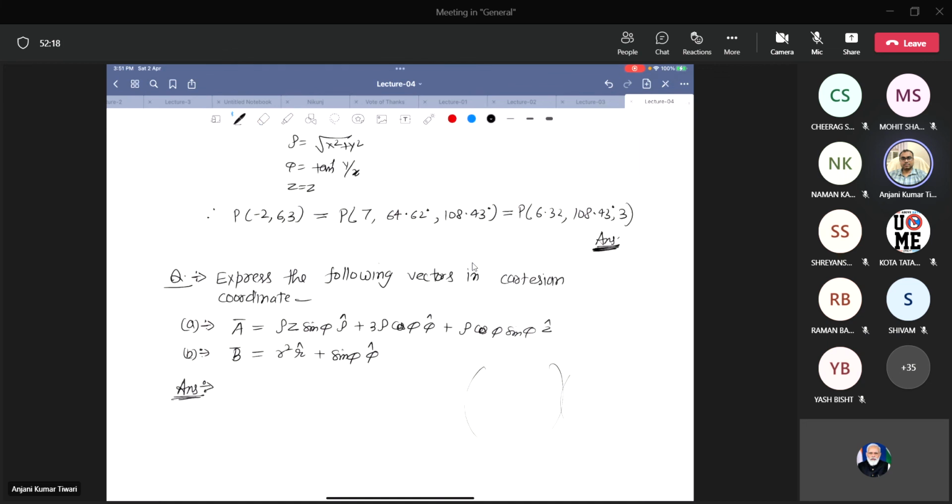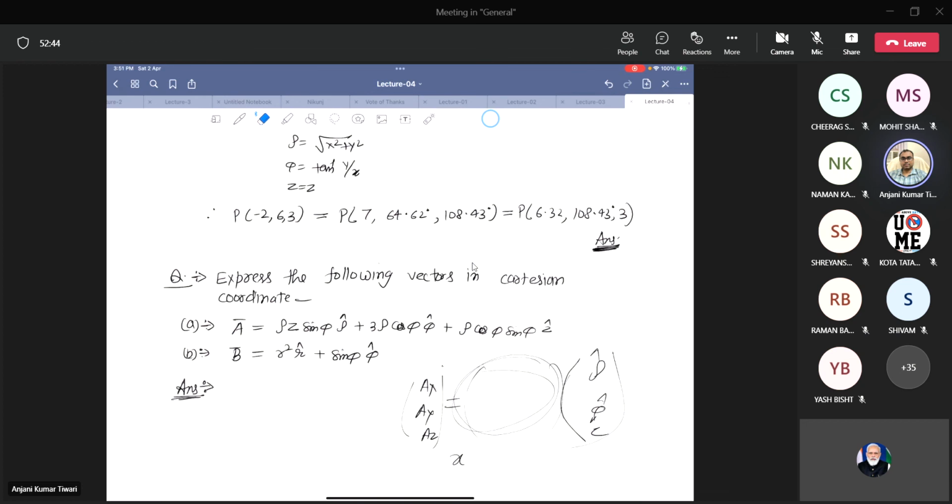So I will have x cap, y cap, z cap equal to this matrix times rho, phi, z. So you fill the matrix here. This is not x cap, by the way, this is Ax, Ay, Az. You are following now? Yes, sir. These are the components. I'm just giving you the hint.